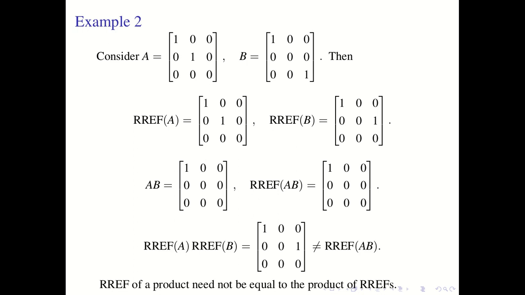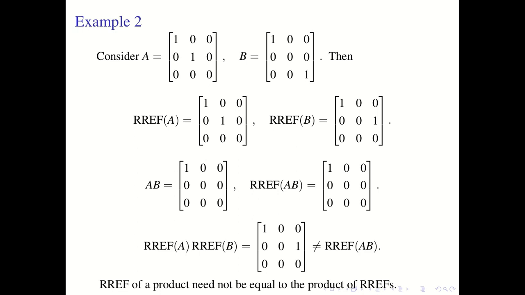That is, you multiply A and B and then bring it to row reduced echelon form. At the same time, you bring A to row reduced echelon form, B to row reduced echelon form, and multiply. These two may not always be the same.